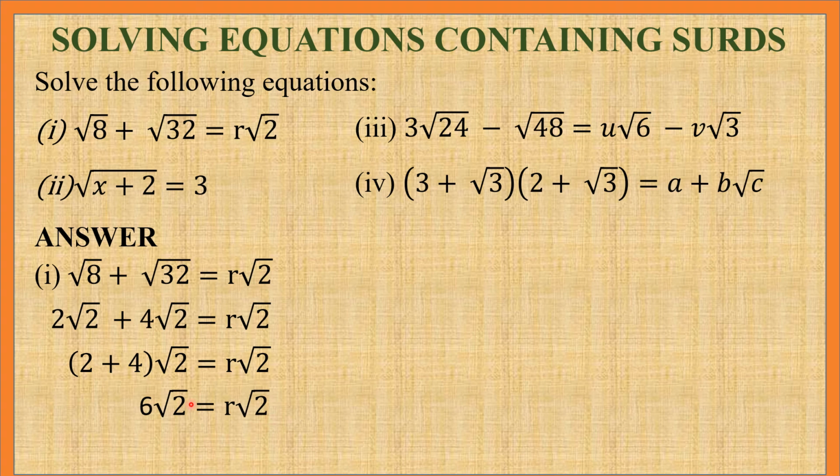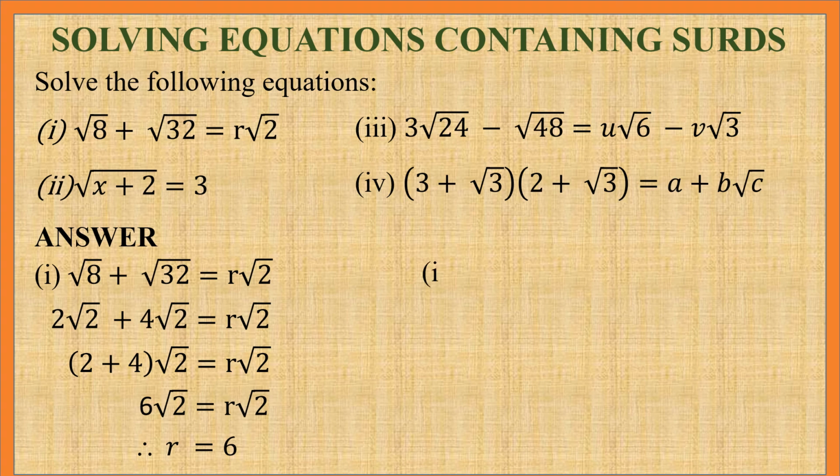Since the radicands are the same, that means the terms in front should also be the same. So r will be equal to 6. Therefore r is equal to 6. This is how we solve equations containing surds.